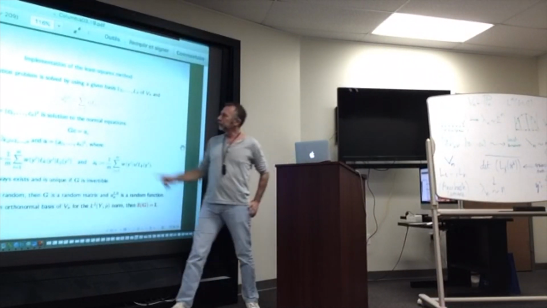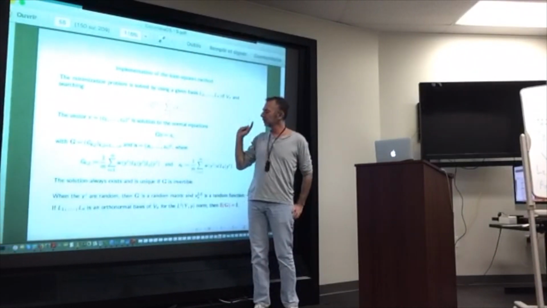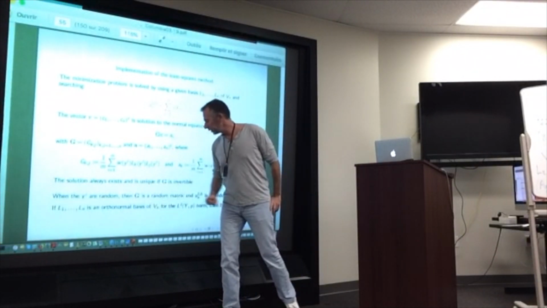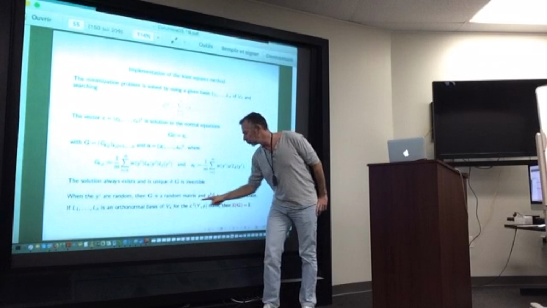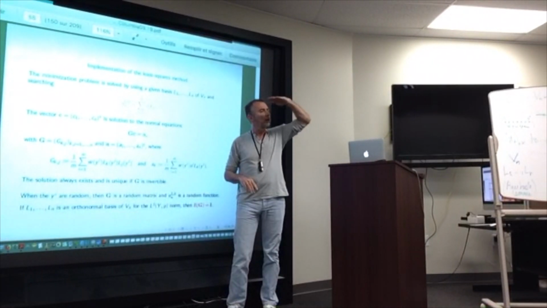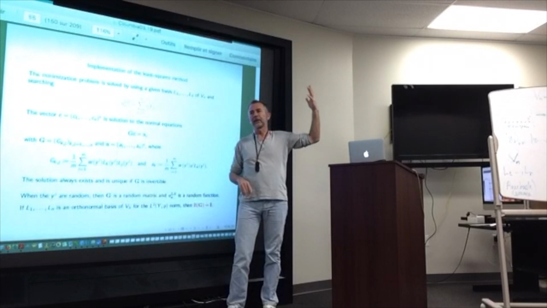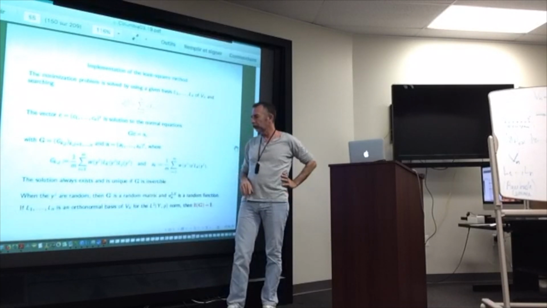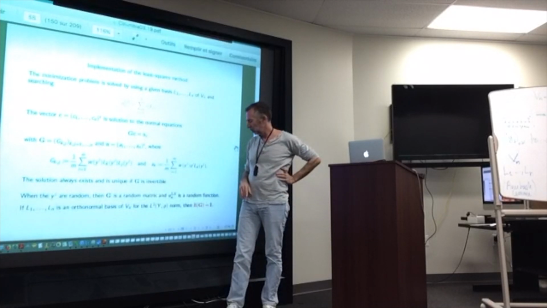Note that if we pick for this basis an orthonormal basis of V_n for L2 of Y, rho, for example, think of polynomials and the uniform measure, let's say we pick the Legendre polynomials.